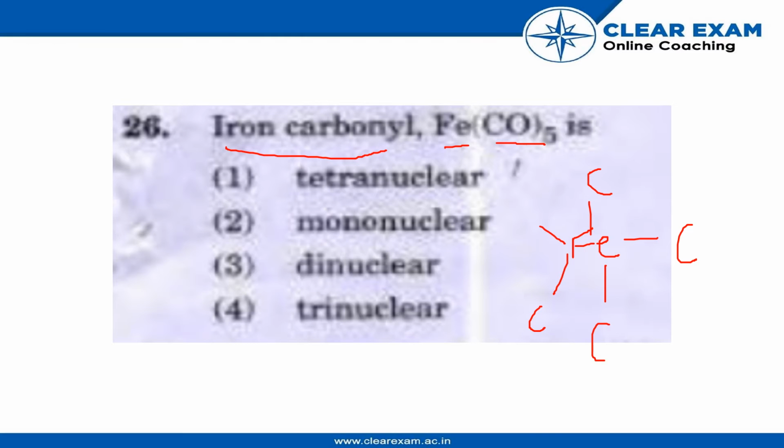And then each C has a triple bond with O. So from this structure, the Fe atom is surrounded by actually 5 of the CO ligands. So the Fe carbonyl is a mononuclear.